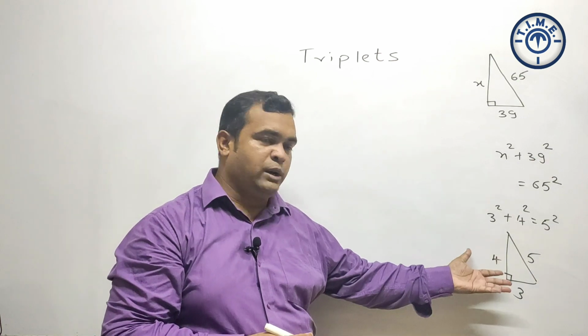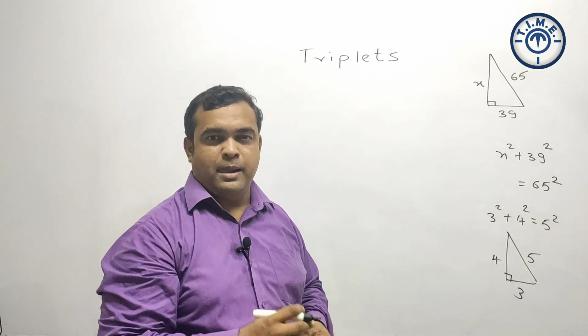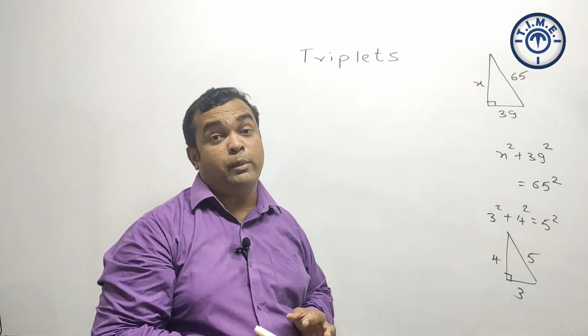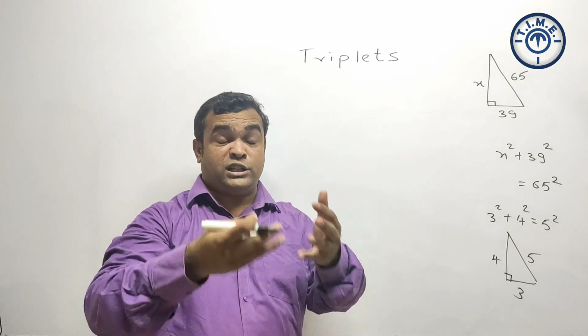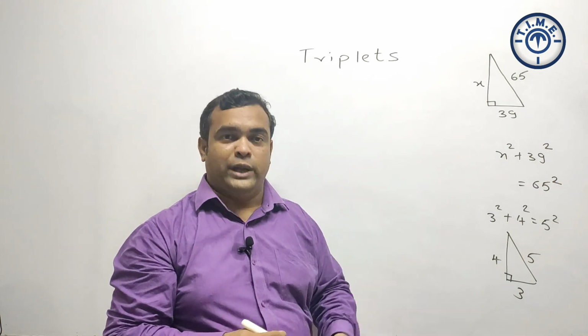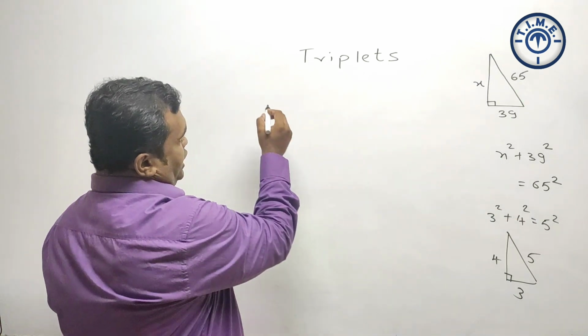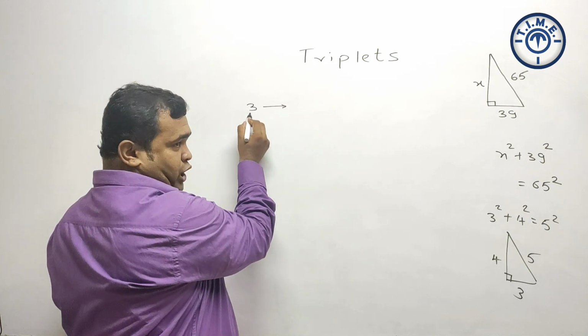So here I know the triplet 3, 4, 5. Like that I can generate the triplets. I give you a tip to generate a triplet from an odd number. If you want to generate a triplet with an odd number as the smallest side, how to do that? For example, this 3, 4, 5, how can I generate it? You want to generate a triplet with 3. This is an odd number.